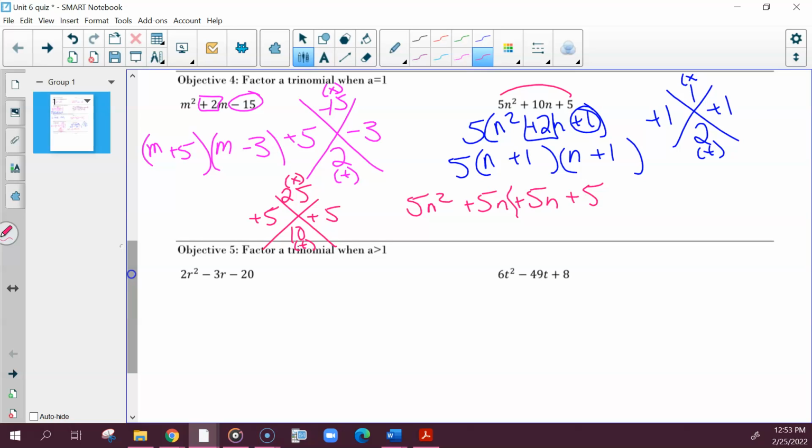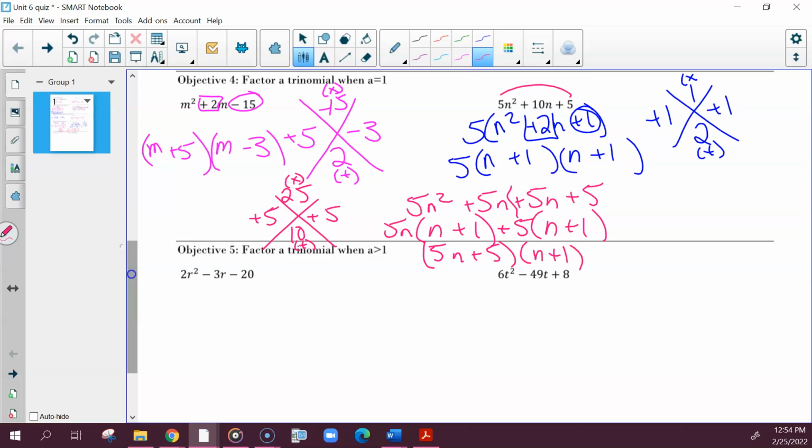So if we split this down the middle, out of the first two, we can divide 5 and n. And that would leave n plus 1. Out of the second two, we could divide just 5, leaving n plus 1. And in our final factors, we would have 5n plus 5 and n plus 1.